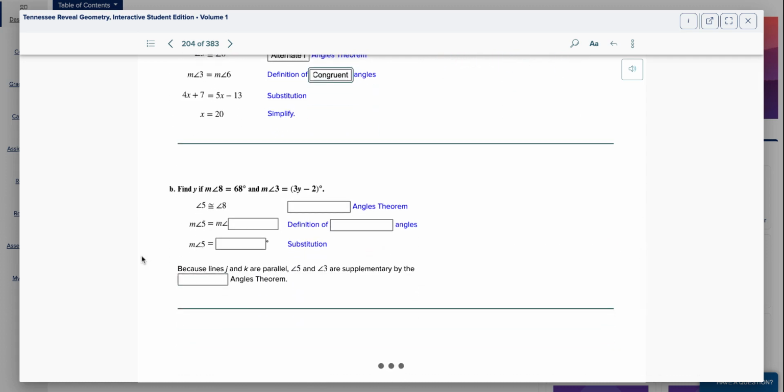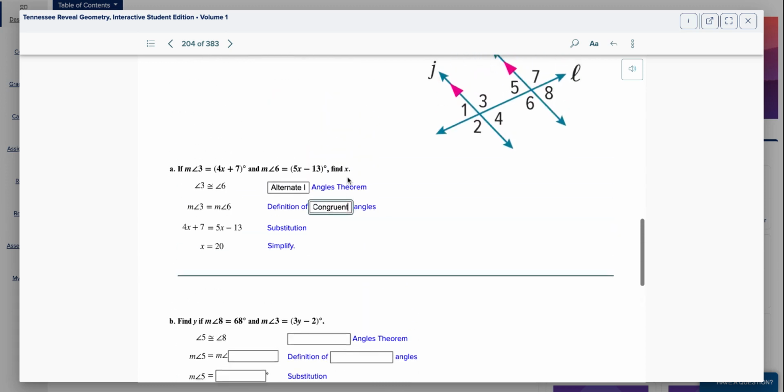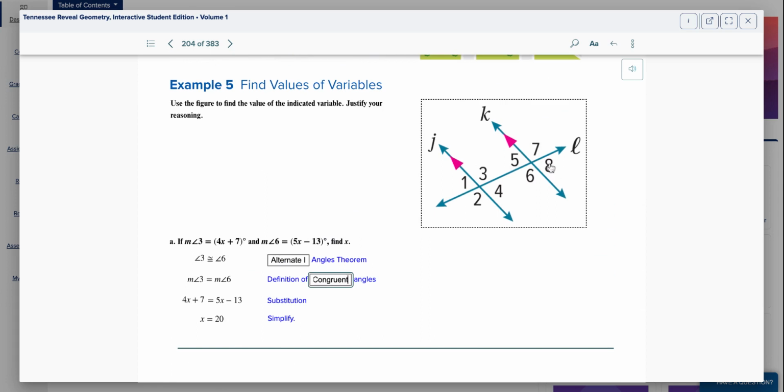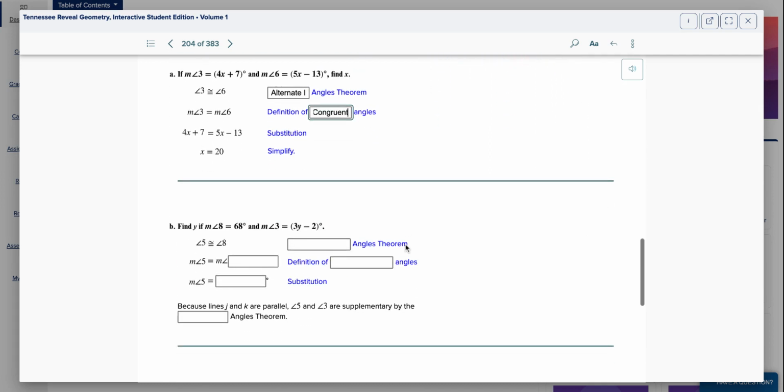All right. So we got to find y, and it gives me angle 8 and angle 3. Well, there's angle 8, which is acute. Angle 3 is obtuse. Aha, these are not equal to each other because 8, 5, 4, and 1 are equal to each other. 1, 4, 5, and 8. These are all your acute angles. So 8 is acute, 3 is obtuse, not equal to each other. So I bet we're going to do a little substitution.